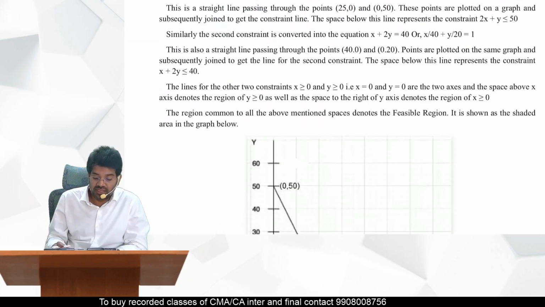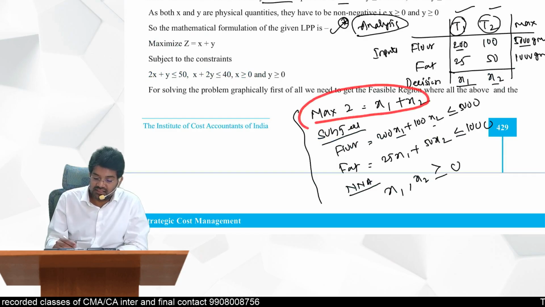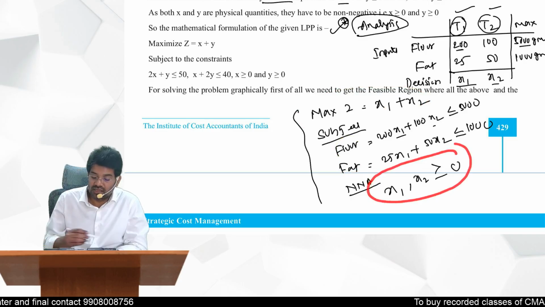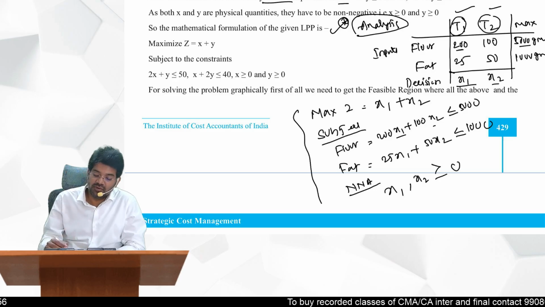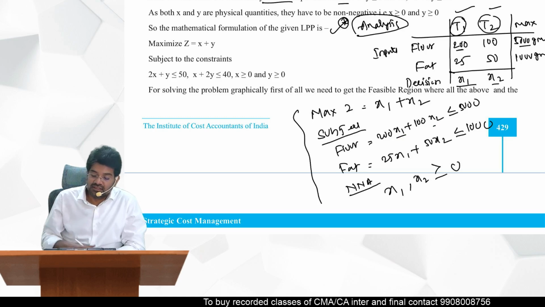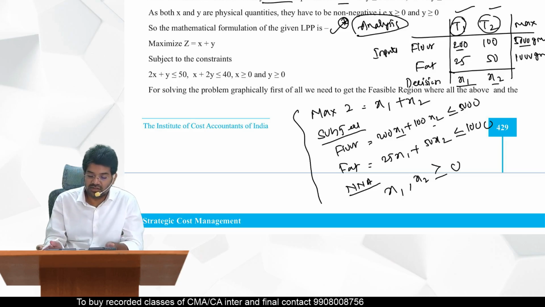If you represent them now, these are the equations: max z, flour, fat. These are the subject constraints here. We have written the non-negativity assumption. Now what we should do is convert these inequations into equations, equalities, and then find the coordinates for each one of them.